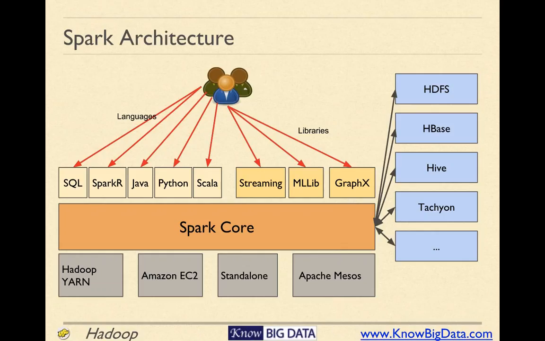Spark runs on top of Yarn the way MapReduce runs on top of Yarn. You remember the resource manager and everything. In the same way, Spark also can run on top of Yarn, and that's what it does.